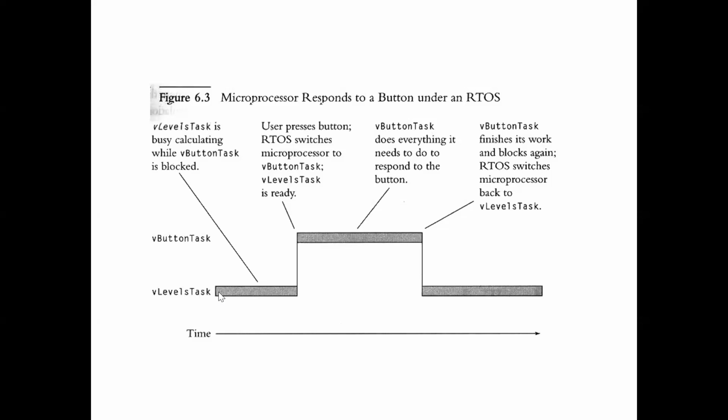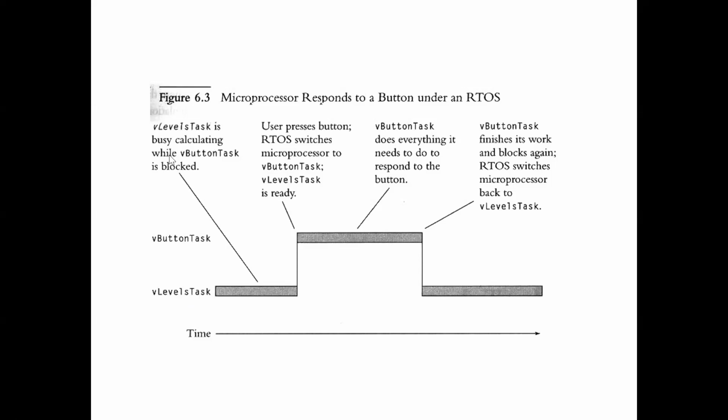Just see this gray section, this complete gray section shows the total duration for which the level task is in execution. And what is done by the level task is shown by this arrow. This arrow shows that the level task is busy calculating the tank levels.